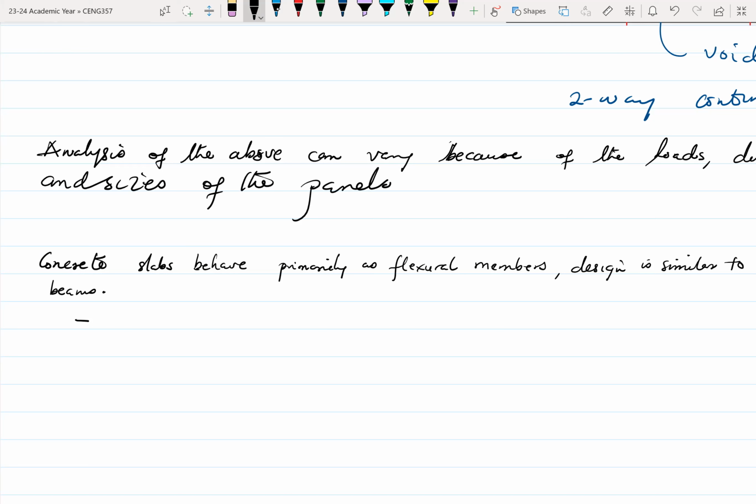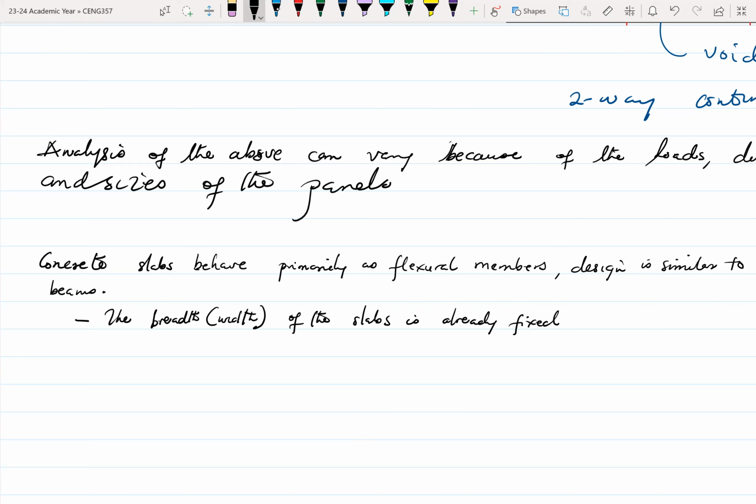All right. So which one do we use? Okay. And the code stipulates that the breadth or the width of slabs is usually fixed regardless of the size of the slab, and it's assumed to be 1 meter.